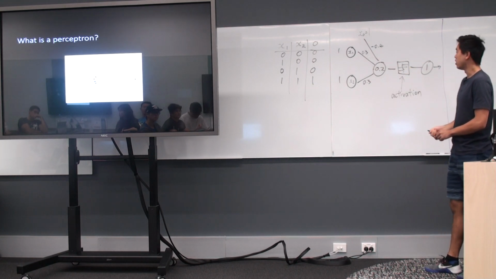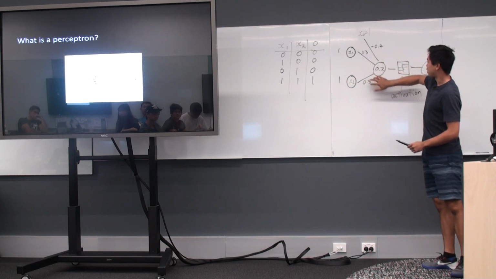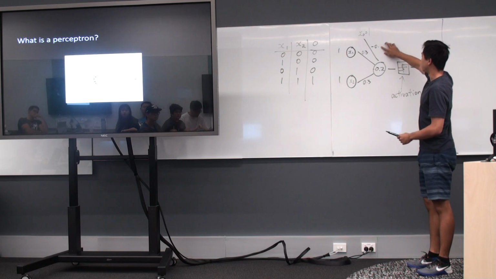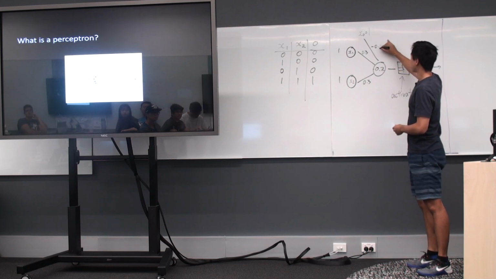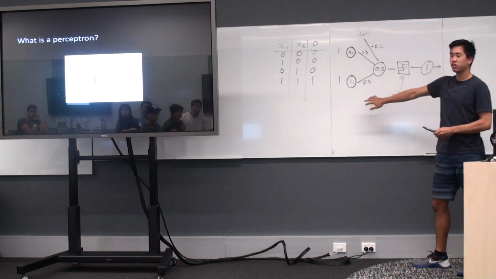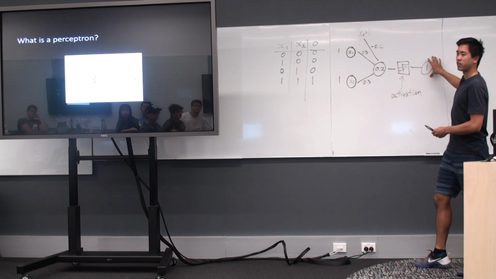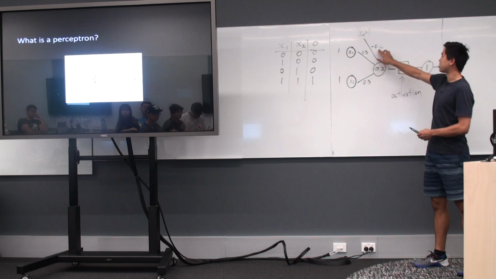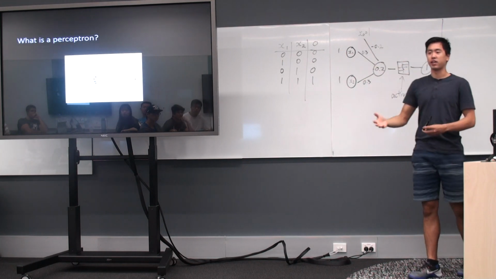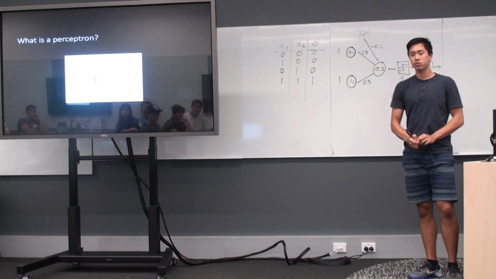Essentially, one of these just has to outweigh this one. So if I change this to negative 0.2, then as long as at least one of these is a 1, a 1 will be outputted here, because this 0.3 is enough to counteract this negative 0.2 to make it greater than 0.